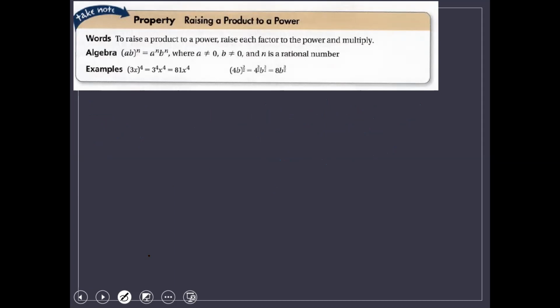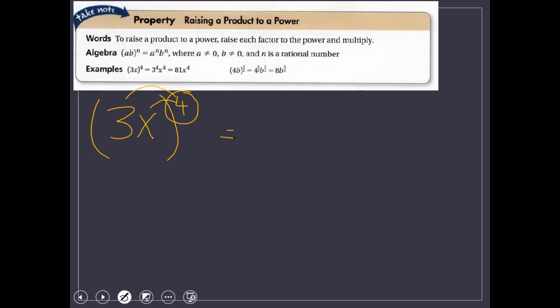If you have a product of two numbers, like 3x, a number with a variable, or number with a number, or variable with another variable, and these products are raised to a power 4, what do I have to do? The first step now, I have to distribute the 4 into them.